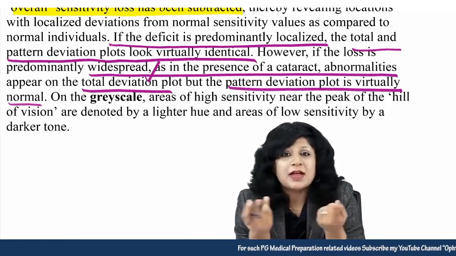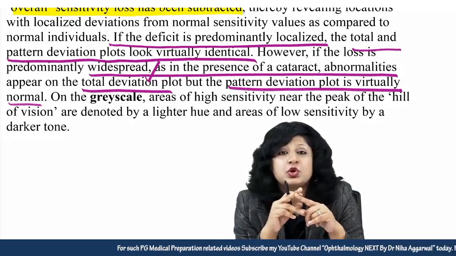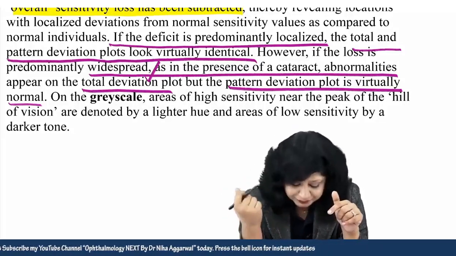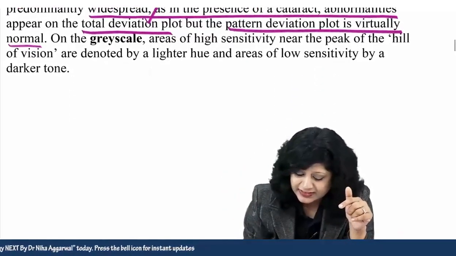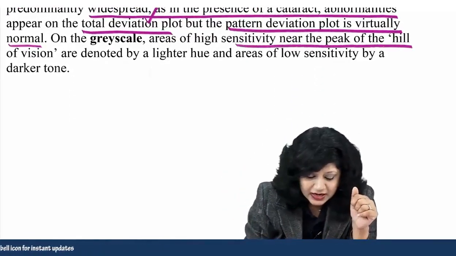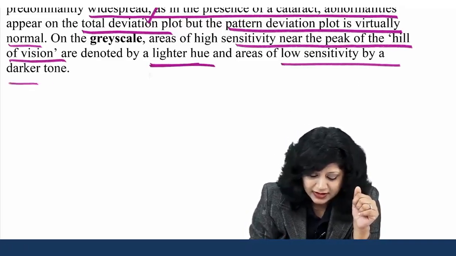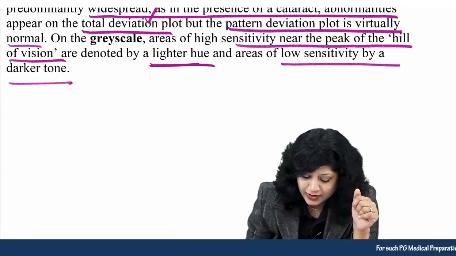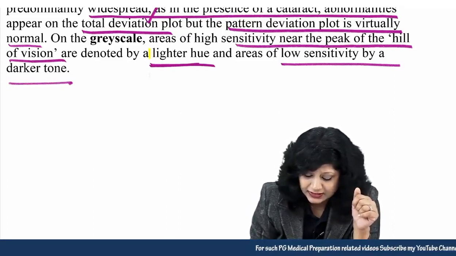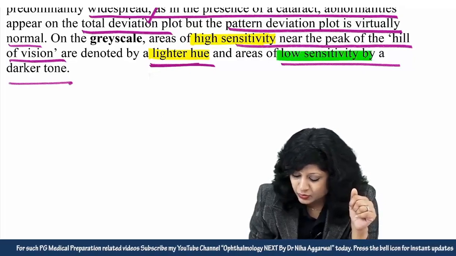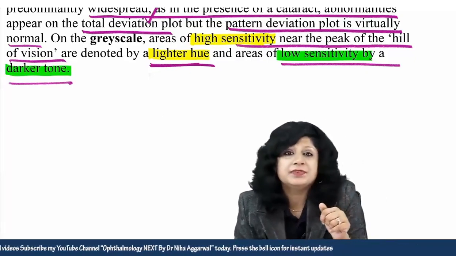But if I am having a widespread one, it will come in the total but in the pattern it won't come. On the grayscale, the areas of high sensitivity near the peak of the hill of vision are denoted by a lighter hue, and the areas of low sensitivity by a darker tone. So wherever you are getting the lighter tone, those are your high sensitivity areas, and wherever you are getting low sensitivity, that will be given by the darker tone.